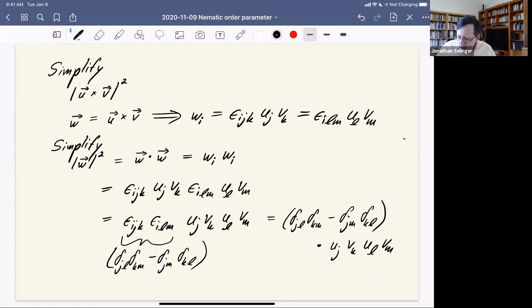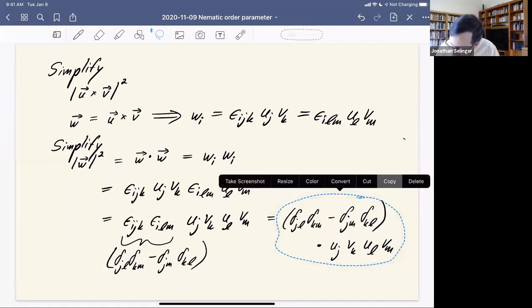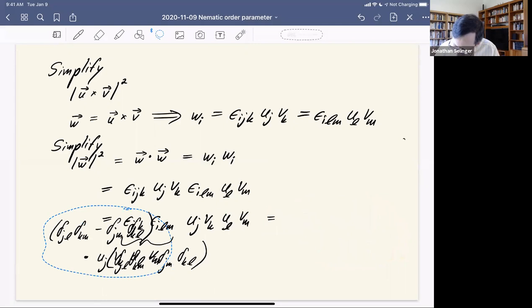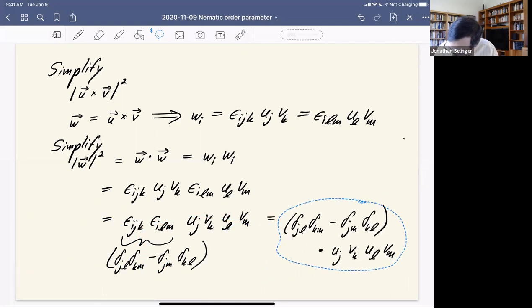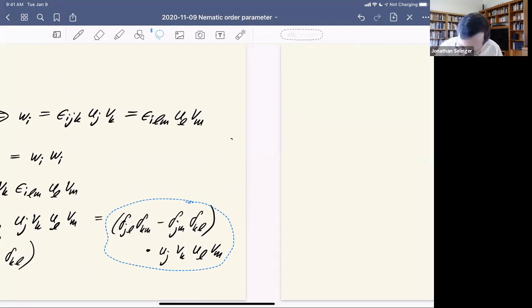All right. Now I'll distribute things. I'll put this factor times each of those two terms inside the parentheses. So here, maybe I better copy and paste that. Oops, what I meant to do.